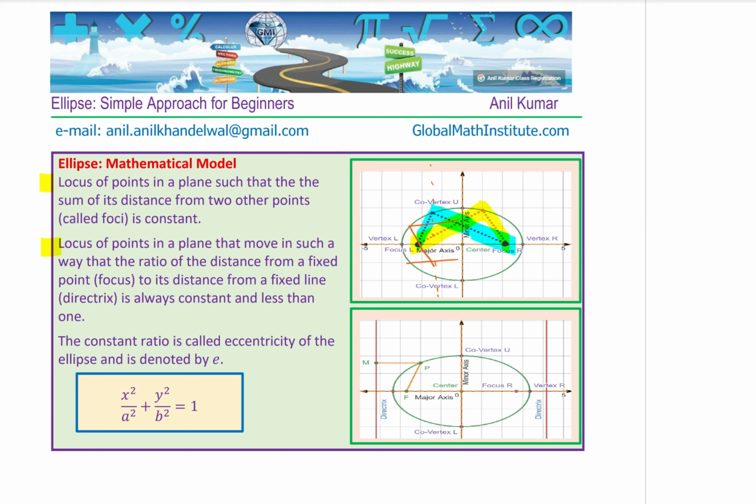So they'll be reflected from this parabola, and after getting reflected, what you see is that they will actually concentrate at the focus, and that could happen from either side.